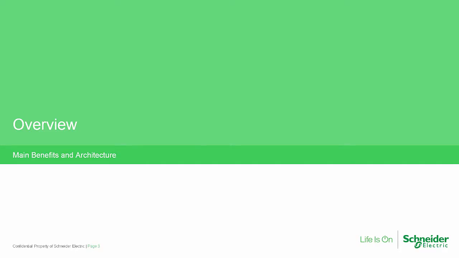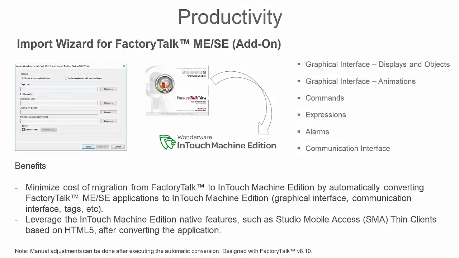So getting started with the overview here. InTouch Machine Edition is a complete HMI product that runs on different platforms, and it provides some import wizards to convert applications designed in other products automatically to InTouch Machine Edition.